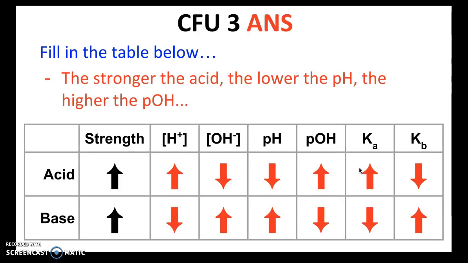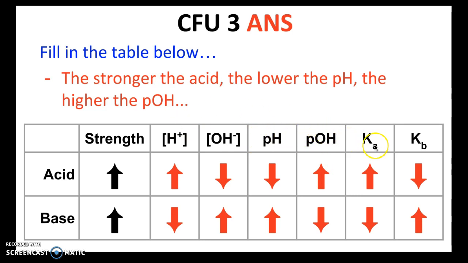Great. I added two more columns just because this explains some of the things. As acid strength increases, you have a greater concentration of H+, which means you're going to have a lower pH. As acid strength increases, the concentration of OH- decreases, so the pOH is going to be higher, because these work opposite to each other.